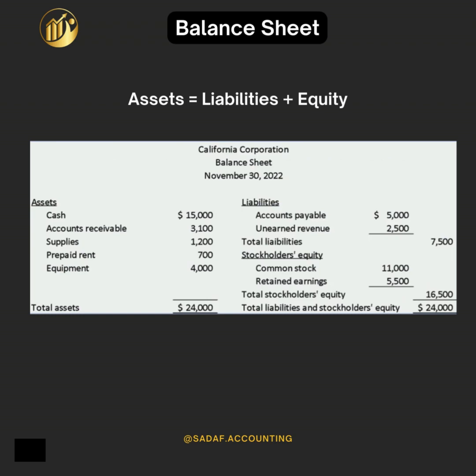We total our stockholders' equity from the common stock and retained earnings for $16,500. Total liabilities and stockholders' equity is $24,000, which exactly ties out to our total assets. So we are in balance.